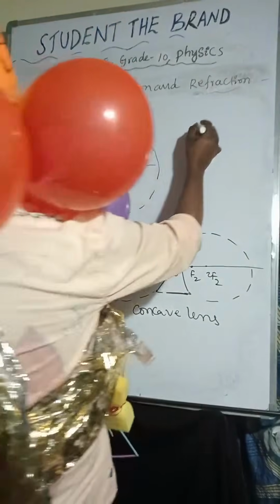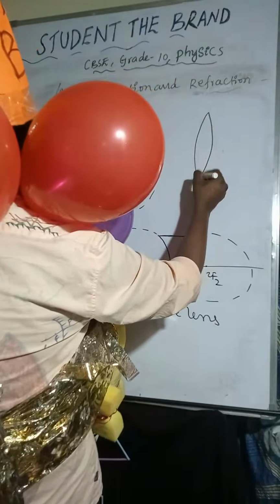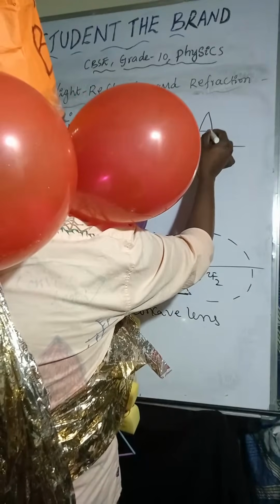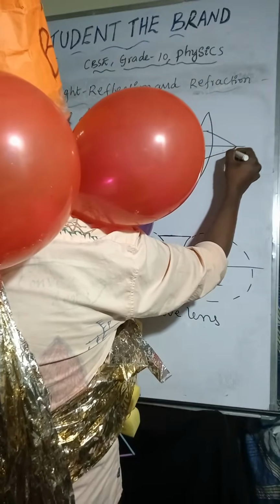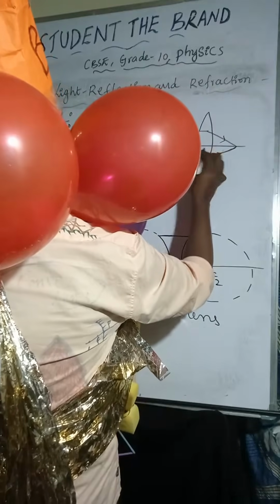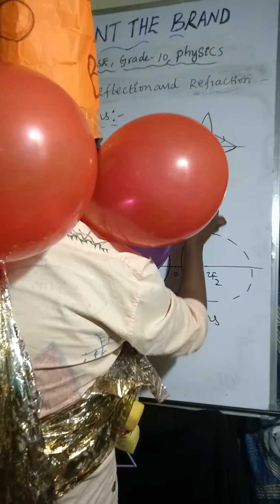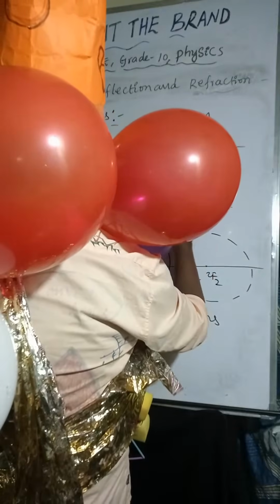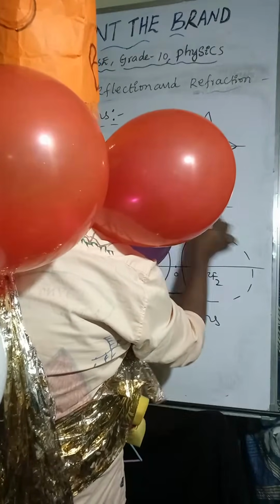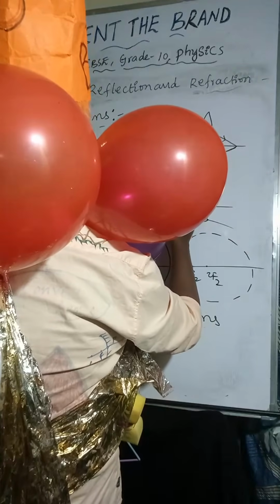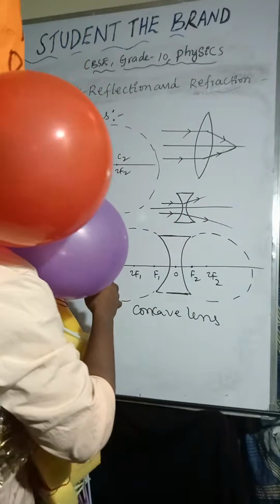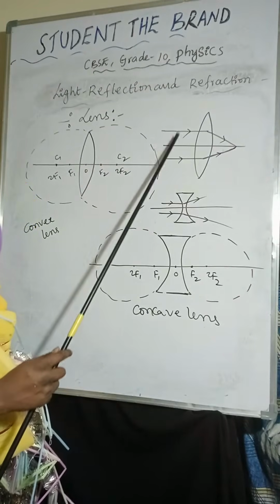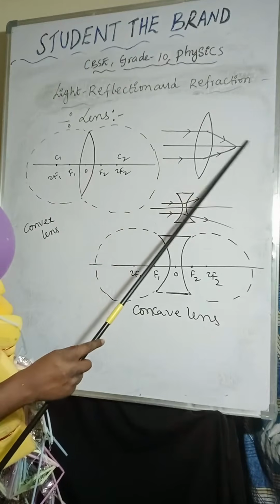So here you can observe in this lens, convex lens, after refraction, light rays are meeting at one point.